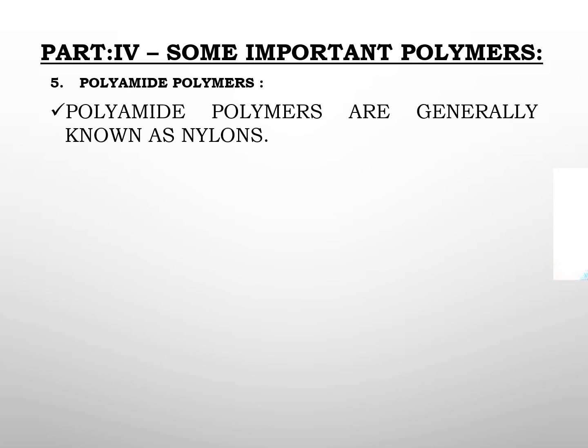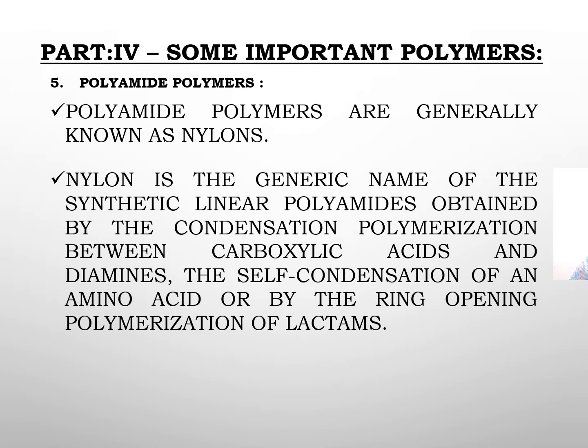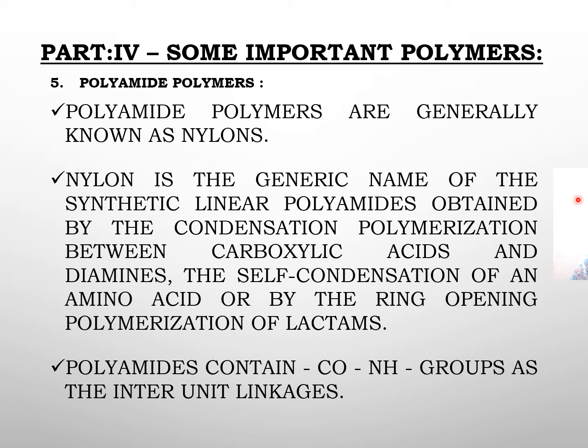Polyamide polymers. Polyamide polymers are also known as nylons. Because of this polyamide linkage in them, they are called nylons. Nylon is a generic name for synthetic linear polyamides, which are obtained by the condensation of carboxylic acid and diamines, by the self-condensation of amino acids, or by the polymerization of lactams.